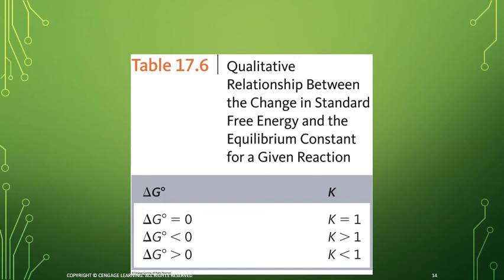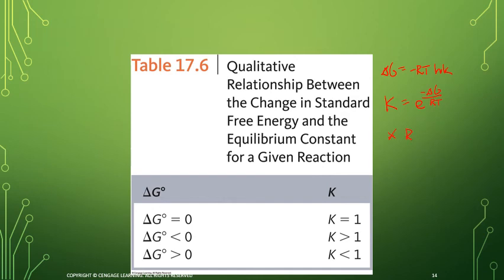Now, when we try to solve for K from the delta G value, remember, if I have this equation, delta G equals negative RT times the ln of K, remember that the inverse of the ln is raising e to a certain power. So in this case, I would have e to the negative delta G divided by that RT value.